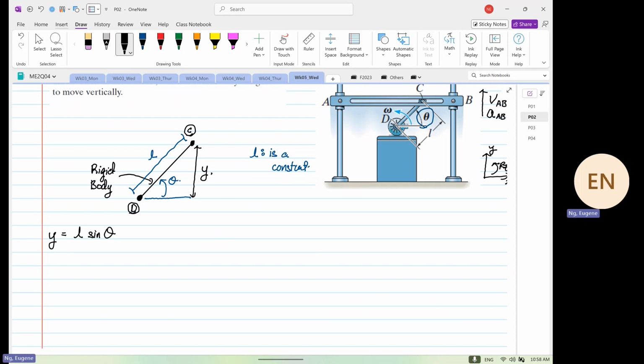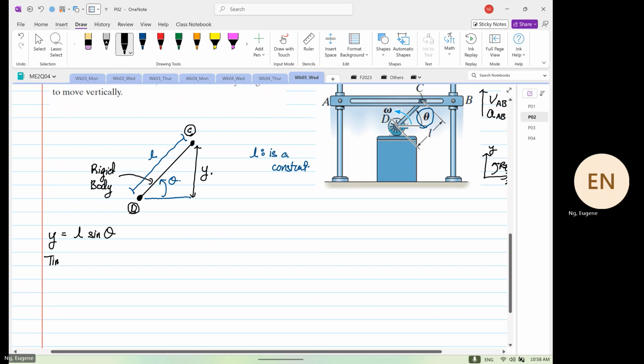So the next thing that we do is a time derivative. We state dy over dt is equal to d over dt of L sine theta.